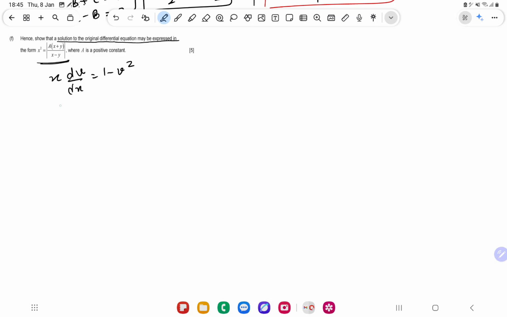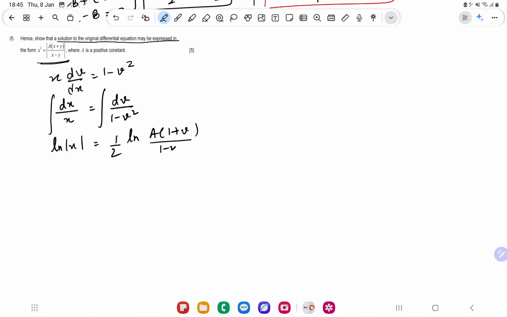If I separate the variables, I can write dx over x is equal to dv over 1 minus v square. Now I can integrate both sides. I will get ln modulus x is equal to half ln a 1 plus v upon 1 minus v. This is the answer which I got in my last part, so I have written it as it is.